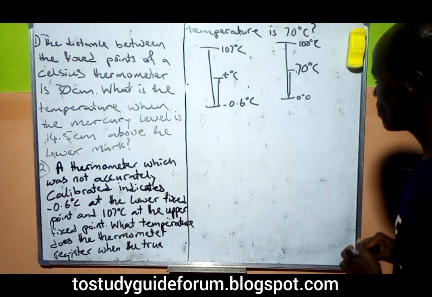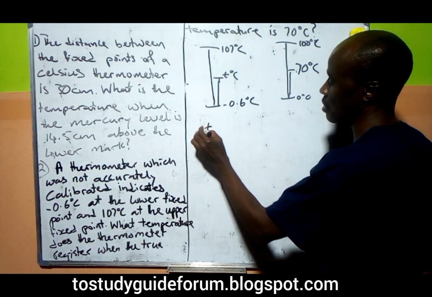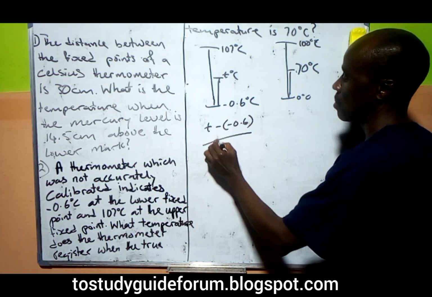We compare them. If we compare the whole thing, this will give us T all over.